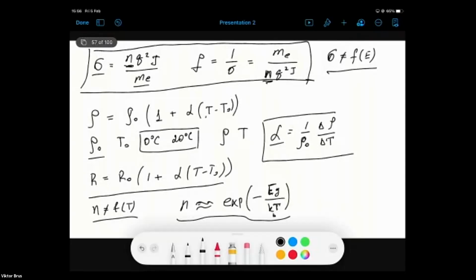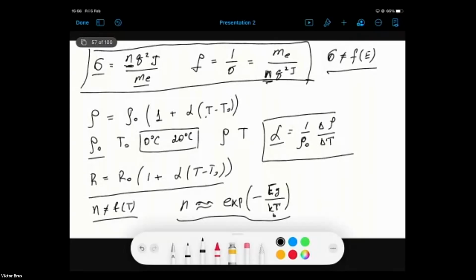You can measure the resistance of the light bulb before, and then you turn it on, and obviously resistance will increase because the tungsten will be at a much higher temperature.